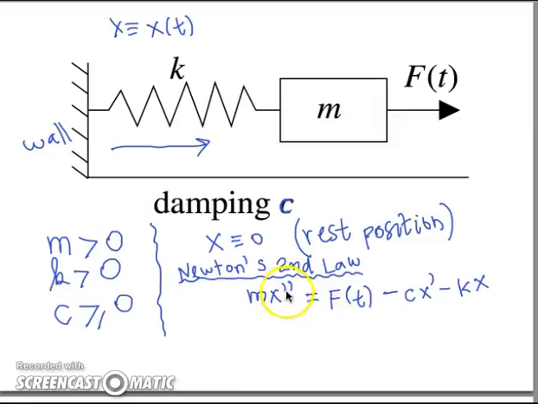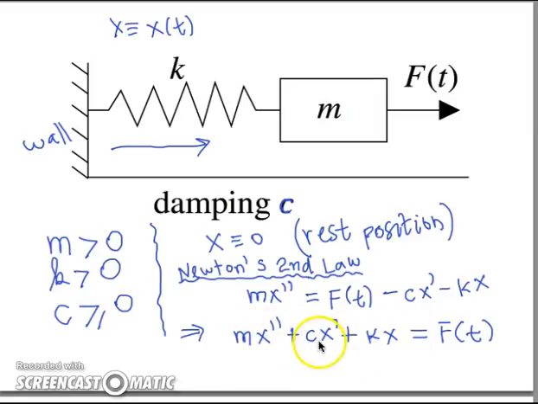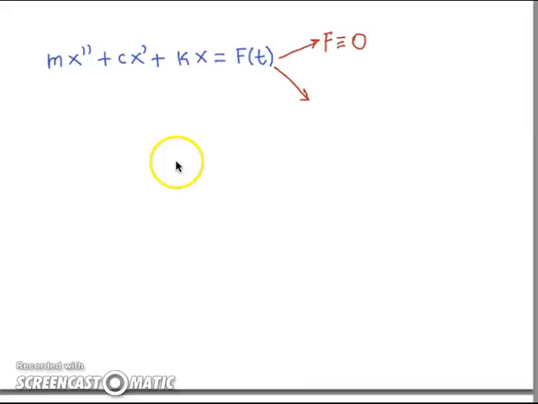So this is a differential equation in x, and we can rewrite this as m x double prime plus c x prime plus k x equals f. And we see here this coefficient m, coefficient c, and coefficient k, they're all constants, right? So this is an equation that is linear in terms of derivatives up to order 2, and it has constant coefficients. So we're going to consider this equation now, and a couple of scenarios here.